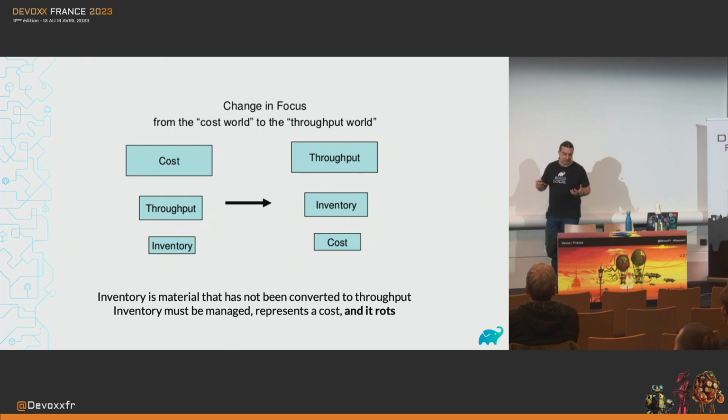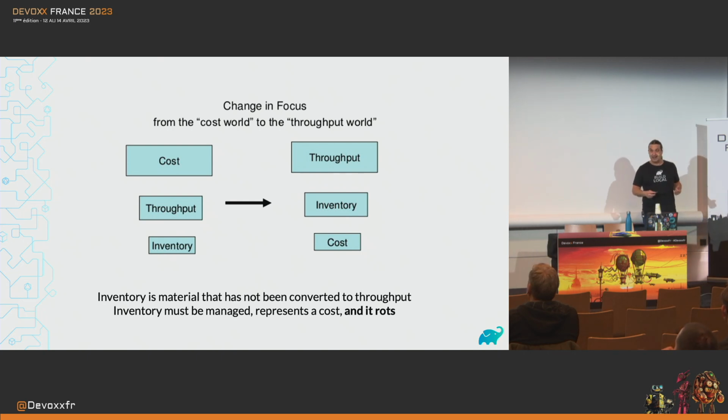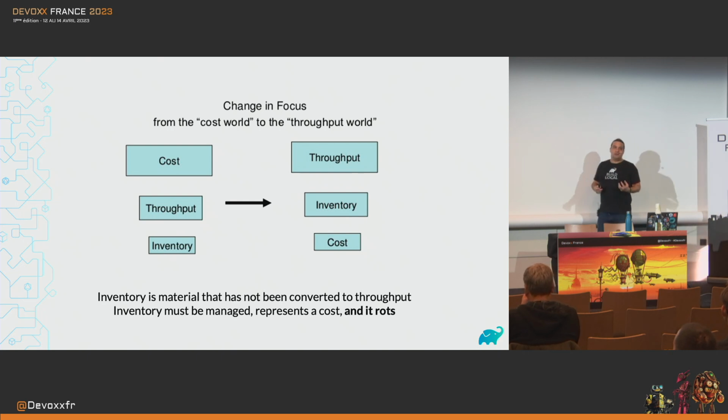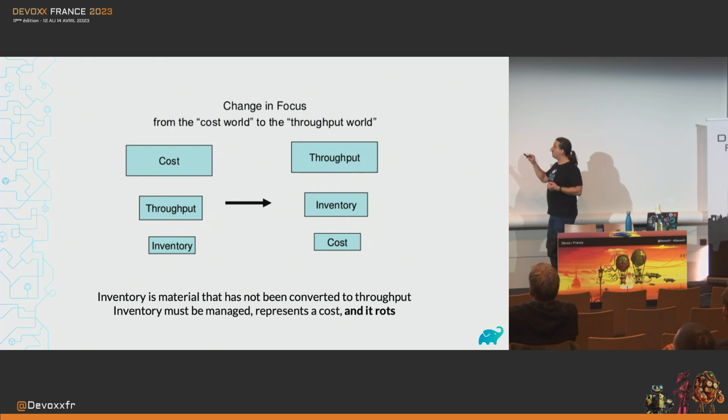Entropy absolutely guides our universe, and so it guides inventory in a business too. The longer that inventory is sitting on a shelf, it rots, there's a cost associated with it, you have to organize it, you have to keep it up to date, right? And if that inventory is just sitting there, not creating money for the business, throughput, then it's useless. And not just useless, but it's a drag, right? It's a cost. So we have to change our thinking. We have to prioritize throughput, changing our inventory into throughput, and then making sure that we can balance our cost.